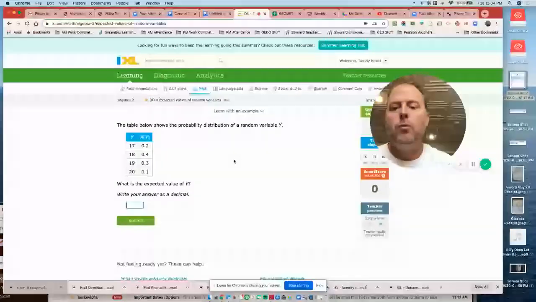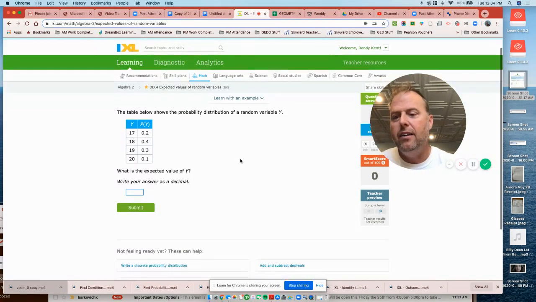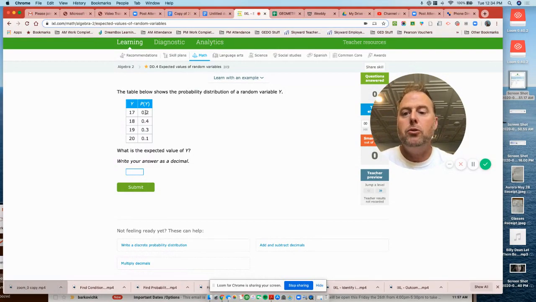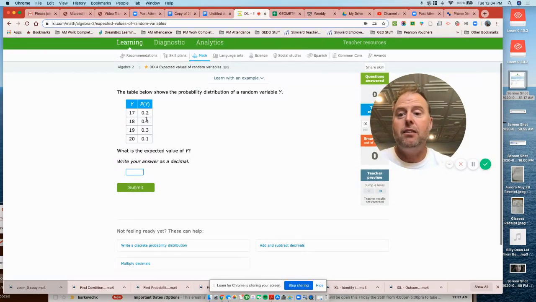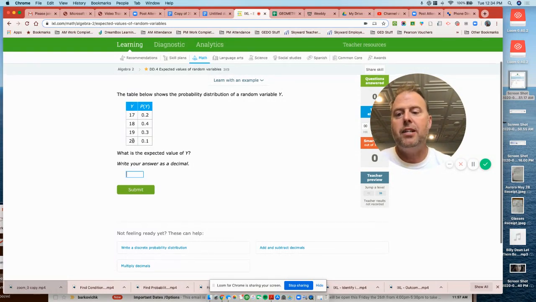So we have this table with a probability distribution of a random variable y. So if we look at it, 0.2 or 20% of the time I get a 17, 40% of the time I get an 18, 30% I get a 19, and 10% I get a 20.